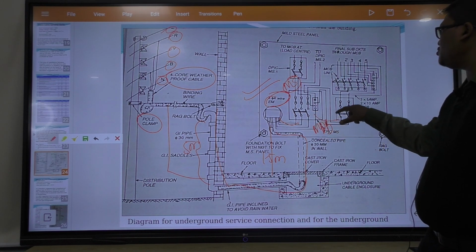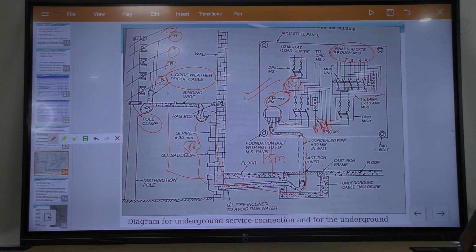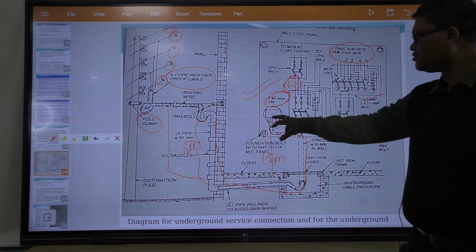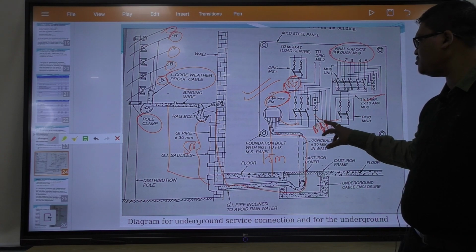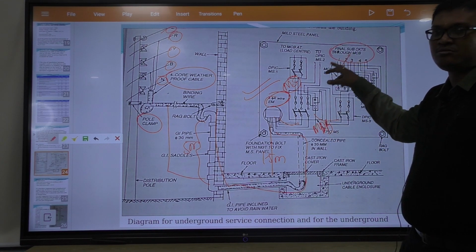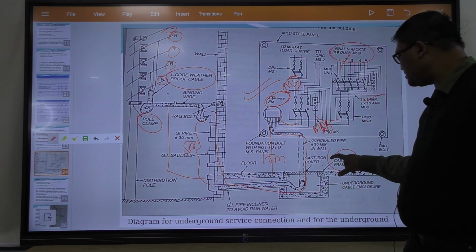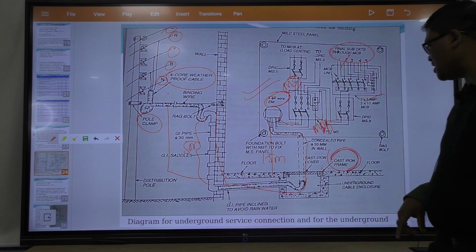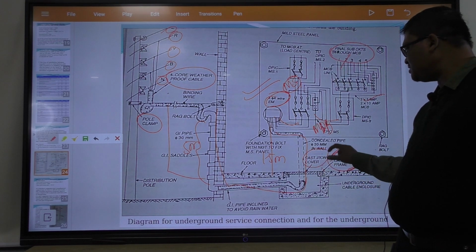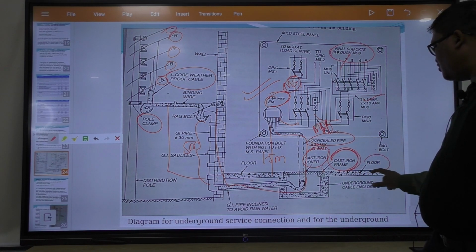From the main distribution board, these are the final sub circuits. The concept is the same, that is, energy meter first goes to main switch, main switch to main distribution board, main distribution board to sub distribution board, and this is the inside cast iron frame. In underground we have extra items: cast iron frame, cast iron cover, concealed pipe, at floor level.